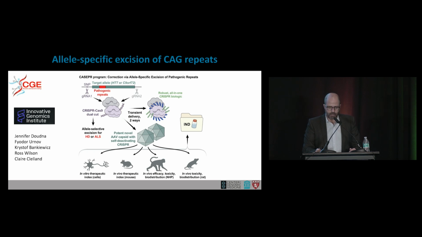They're testing a variety of different delivery systems, both RNPs and AAVs. They're funded to test these all the way from in vitro to tox studies and in non-human primates.